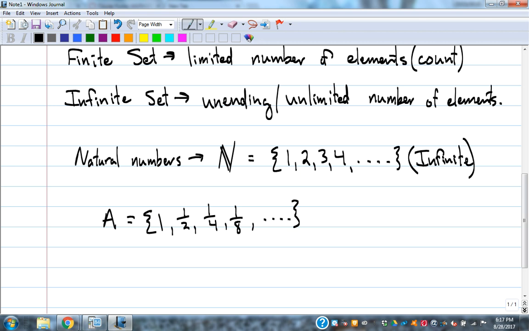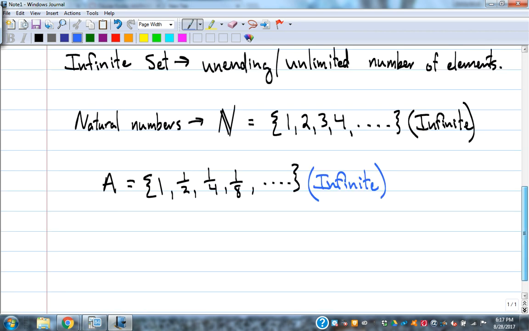So that would be what kind of set? An infinite set, because it continues forever. The ... is the clue there. That is exactly correct. Absolutely, so this would be an infinite set. We'll call that example A.